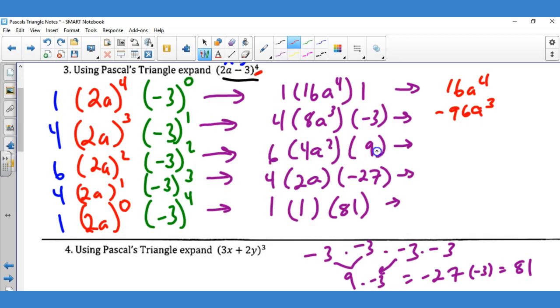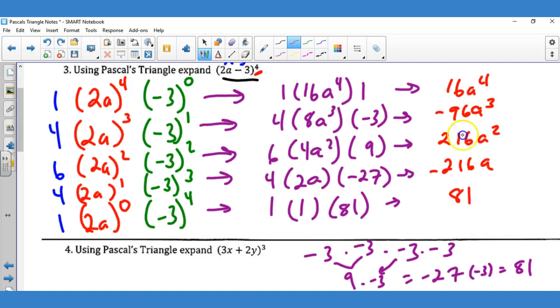And 24A squared times 9 is going to be 216A squared. And then right here we have 4 times 2A is 8A. And 8A times negative 27 is a negative 216A, sorry. And then we have 1 times 1 times 81 is 81.